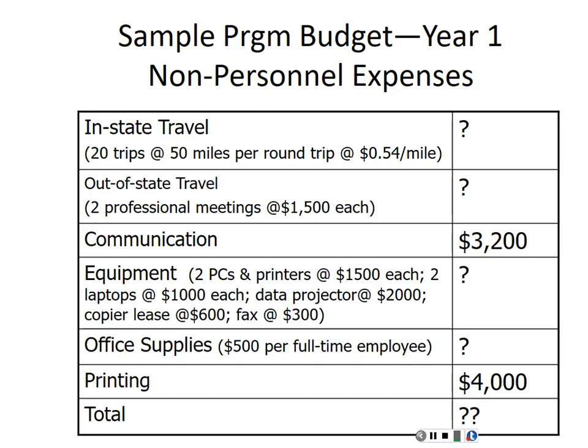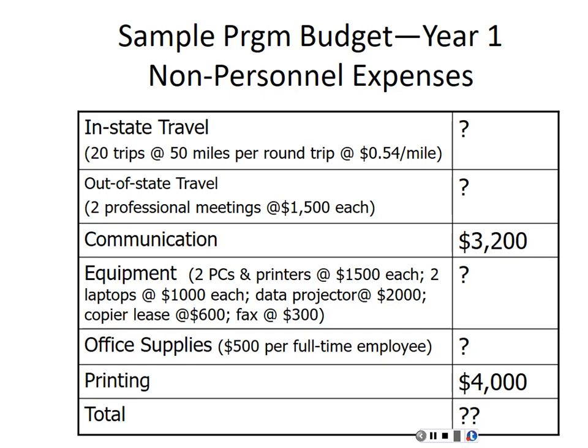It's actually quite simple for presentation purposes. Travel is usually a key component of the non-personnel budget. Travel is typically broken down into in-state travel and out-of-state travel. In-state travel is simply when we're traveling for work within our state, within Tennessee.